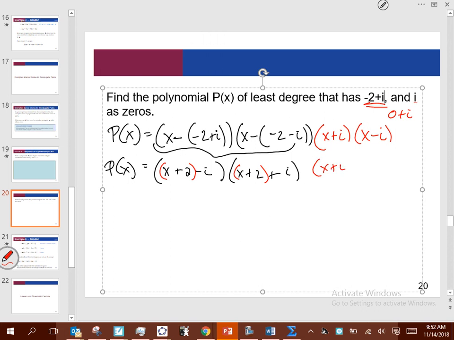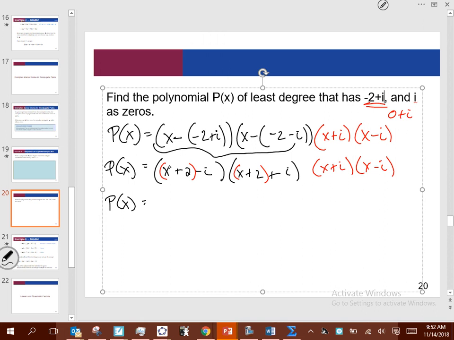Depending on your organization skills here, a lot of times what I'll do, I'll just go to the side and multiply these out, get that product, go to the side and multiply these out, get that product, and then come back together and write them down here, okay?